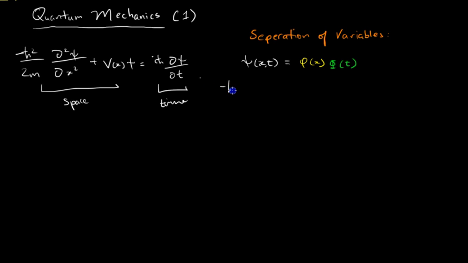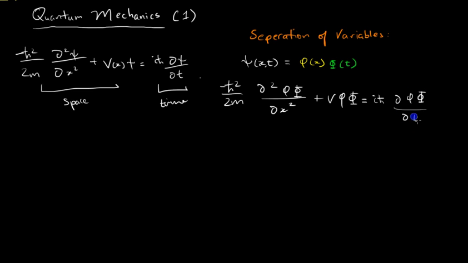It becomes negative h bar squared over 2m d squared of phi times capital Psi over dx squared, plus V phi capital Psi is equal to i h bar d of phi capital Psi over dt.